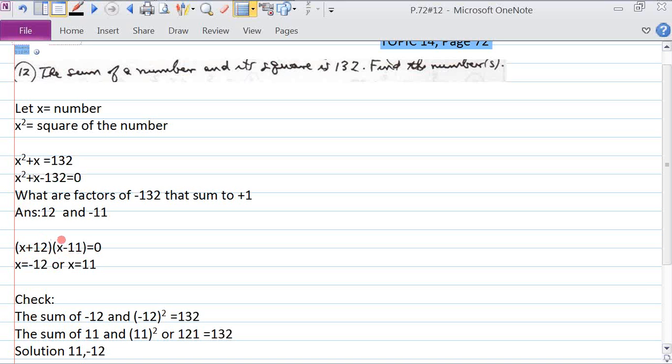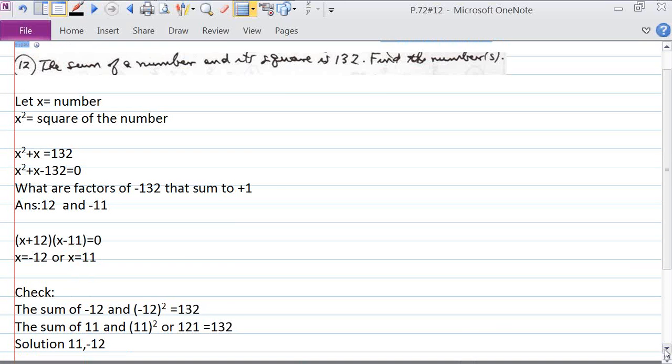The first times the first gives me x squared, 12 times minus 11 gives me minus 132, and the inner plus 12x minus 11x gives me plus x, equals 0. So if x plus 12 equals 0, x is minus 12. If x minus 11 equals 0, x equals 11.